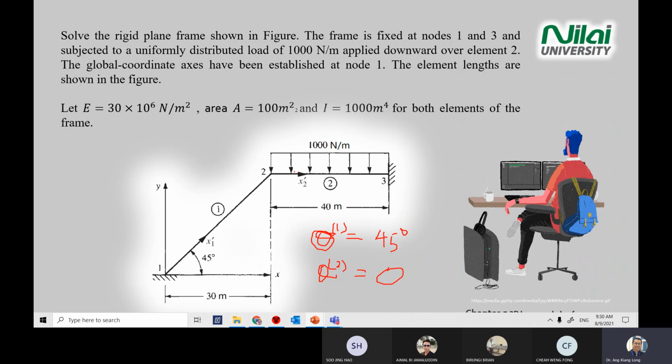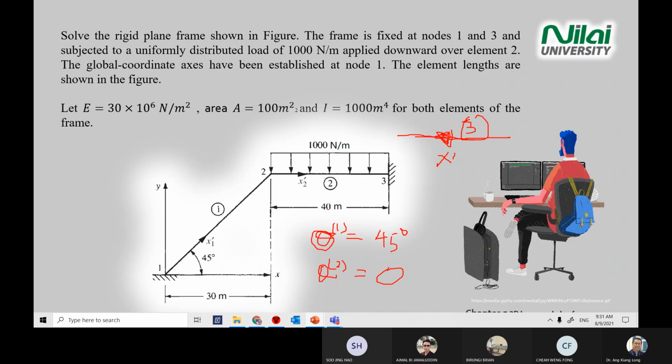Okay, I just add in one more element. Let's say this structure has one more element, and I draw in the arrow of X prime. This is your element 3. Or I just add to the diagram: let's say you have one element here connecting point 1 to point 4.